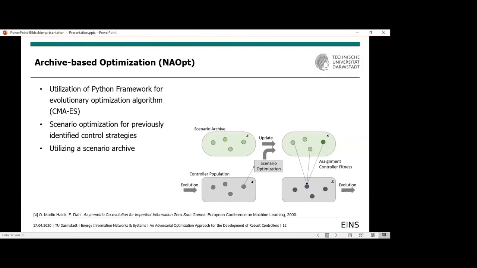We say, okay, we already have it, and we want a diverse set in this archive. And there, of course, as you said, there are different methods, and we looked also a little bit at different methods. But in this work, we used this variance-based approach, where we really want to have a diverse set of scenarios in the archive. And for further work, this might be of interest.